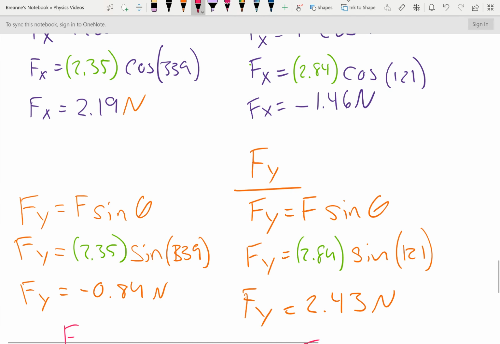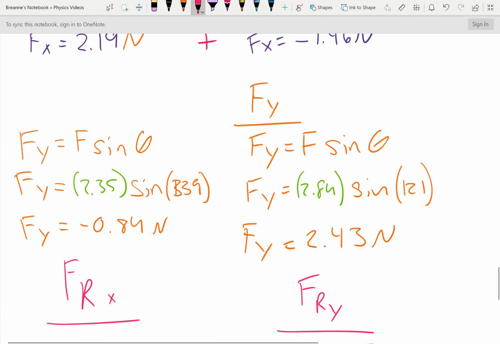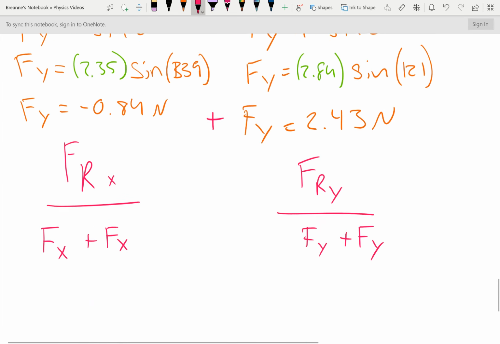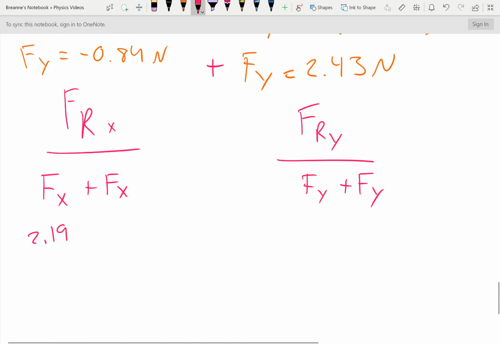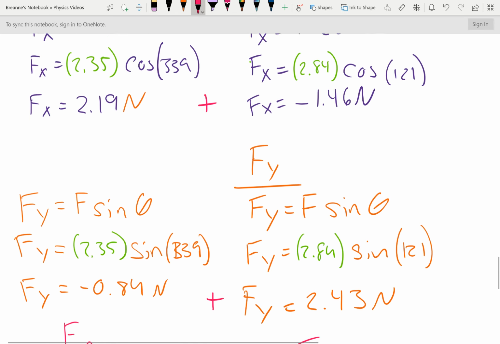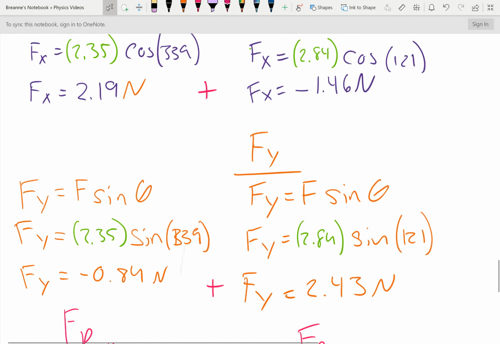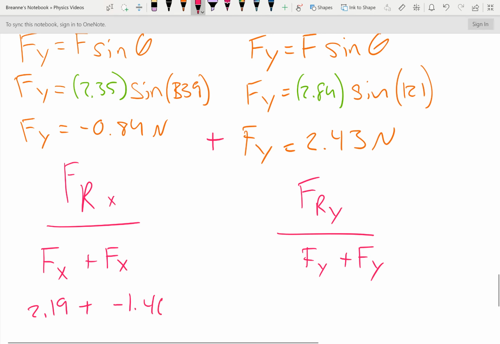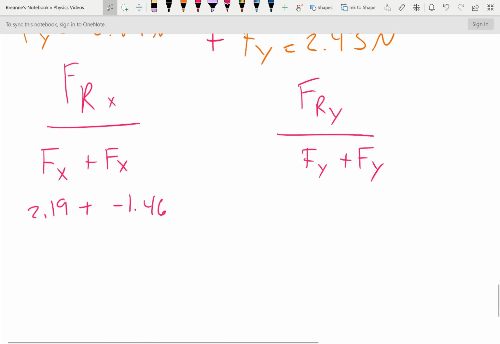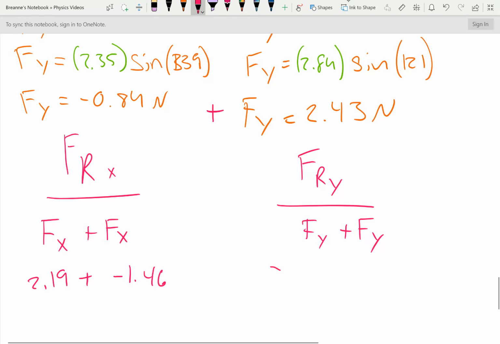So basically, you're just going to add these two together, and you're going to add these two together. So you're going to add 2.19 plus the negative 1.46, and you're going to add the negative 0.84 plus the 2.43.